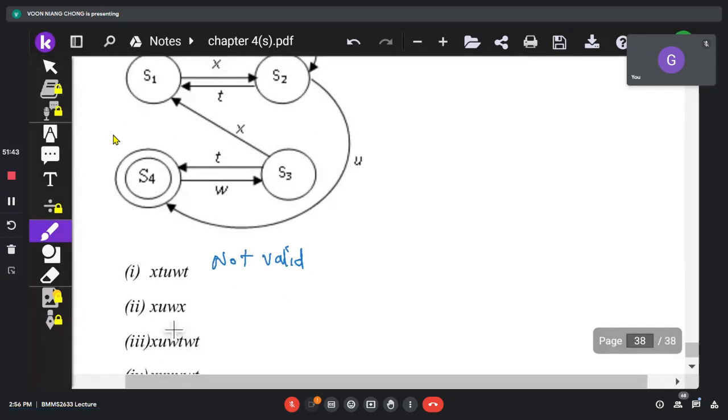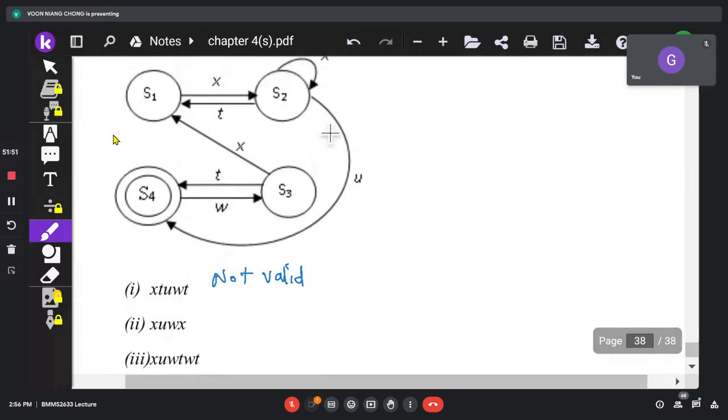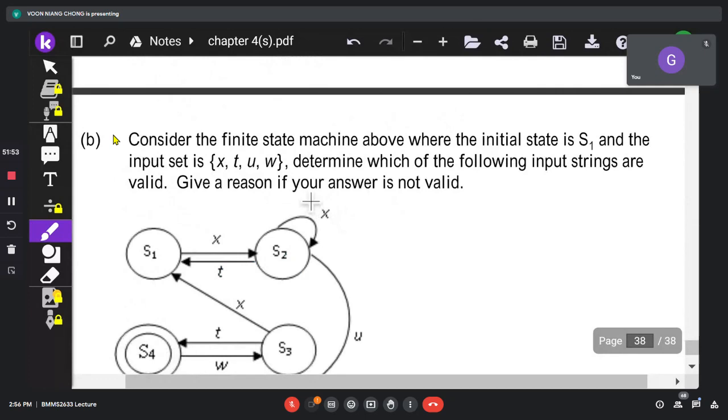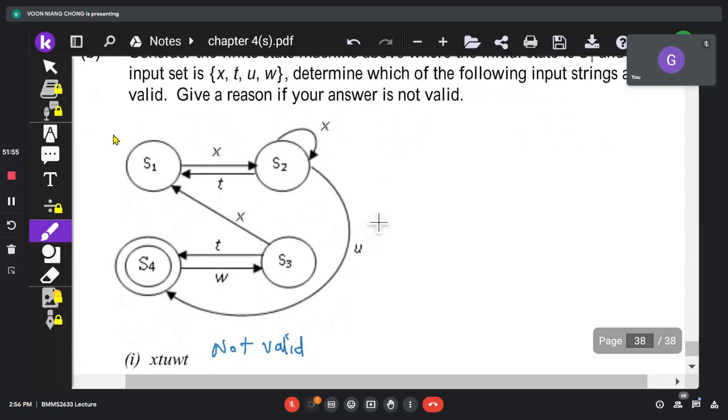Second one, XUWX. This one, they ask you to give the reason if not valid. How do you want to write?